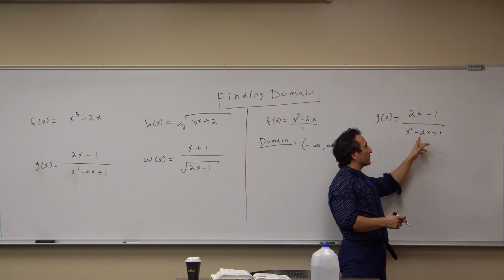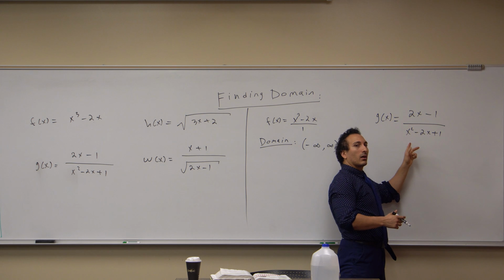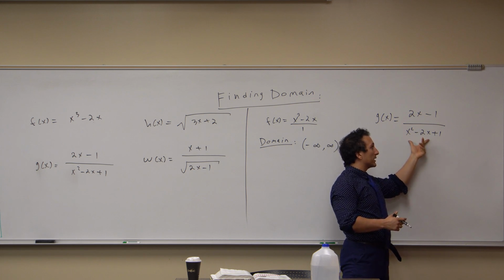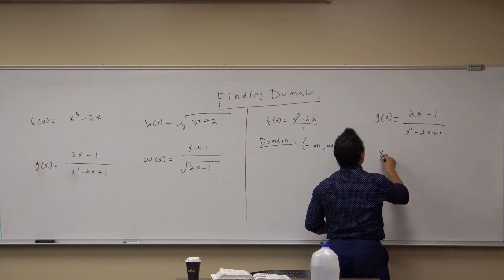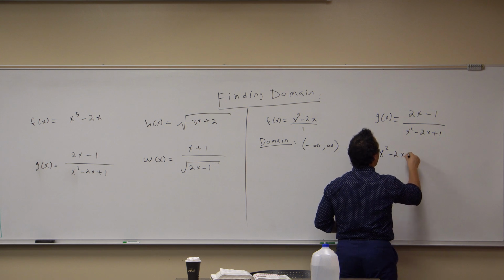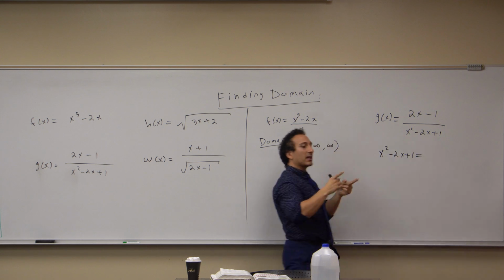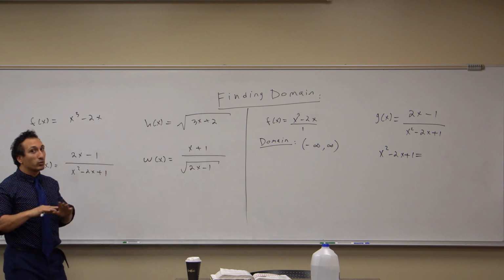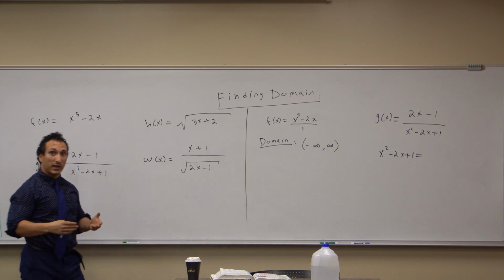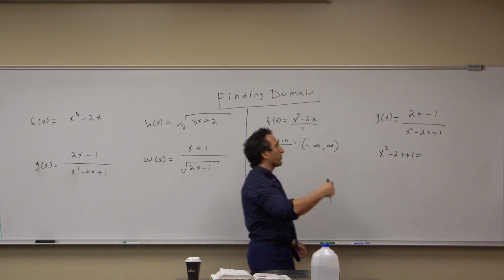And if I were a betting man, there are some values for x that result in this whole denominator being equal to 0. Let's see what values those are so that we can avoid picking those values in our domain, because the domain is the set of values that work. It excludes those values that do not work. So let's find those values and exclude them from our domain.